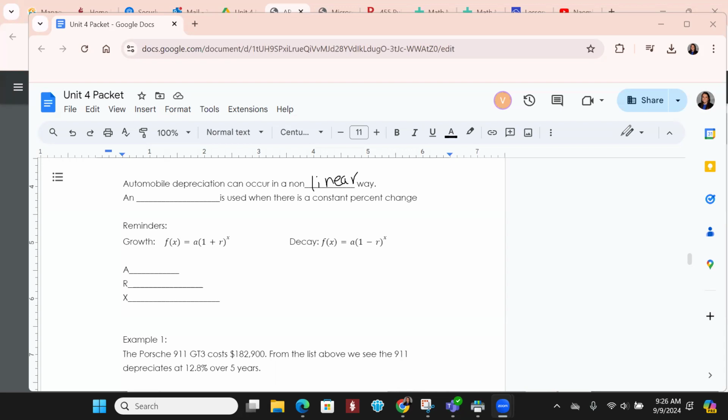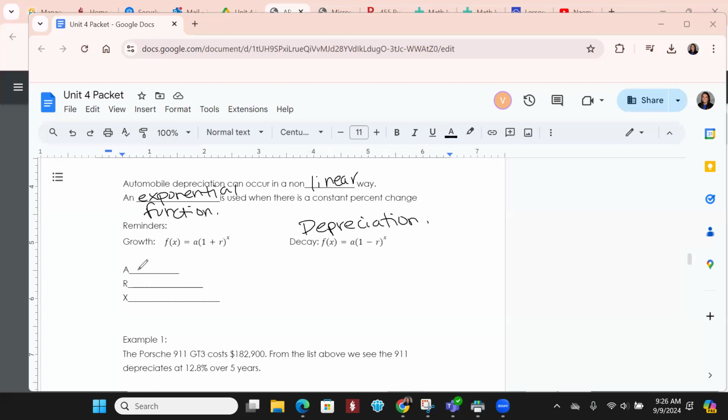An exponential function is used when there's a constant percent change. Okay. So here are some reminders. Here are your formulas. We've got growth and we've got decay. Remember, depreciation is going to be decay.